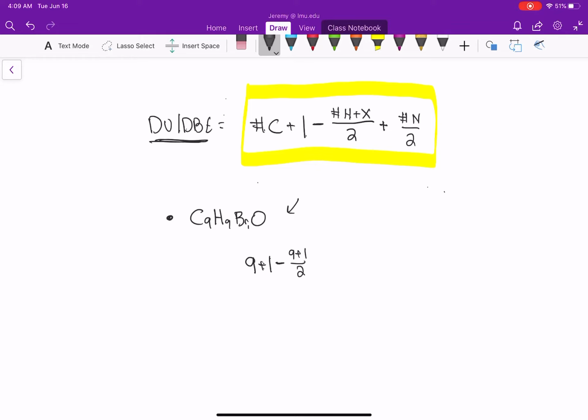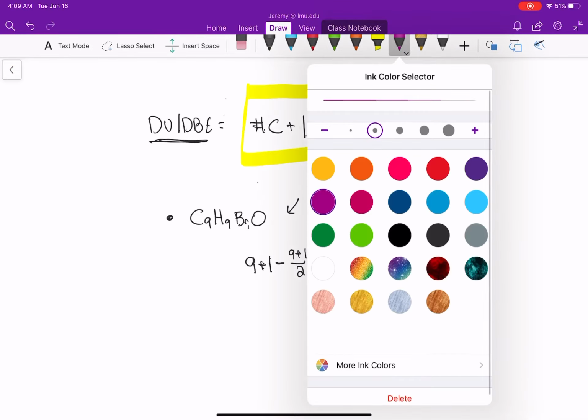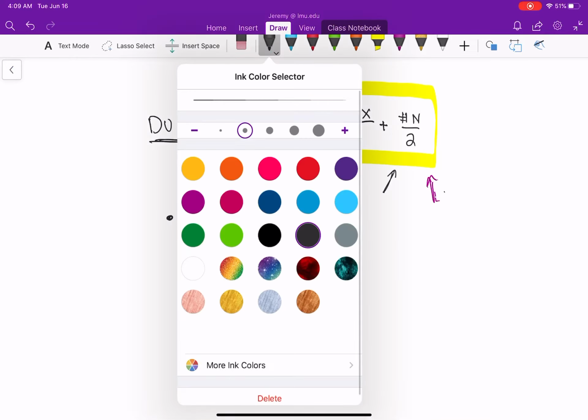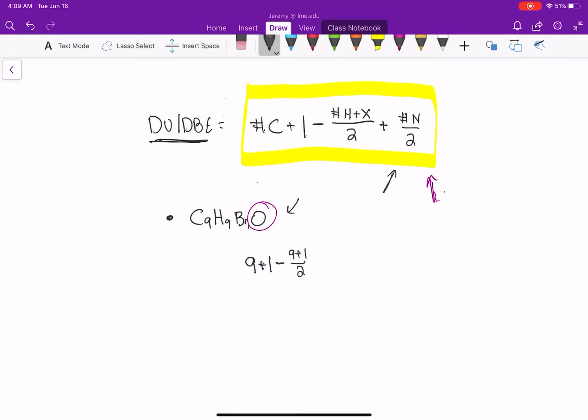There's no nitrogen, so we don't use that term. And notice when you have oxygens, we can basically ignore them, because oxygens are divalent, so they don't show up in our formula. So 9 plus 1 is 10, minus 10 over 2 is 5, and 10 minus 5 equals 5.